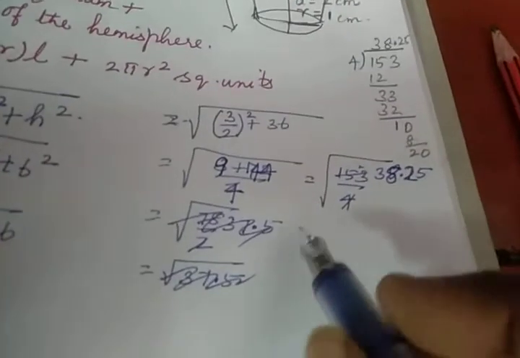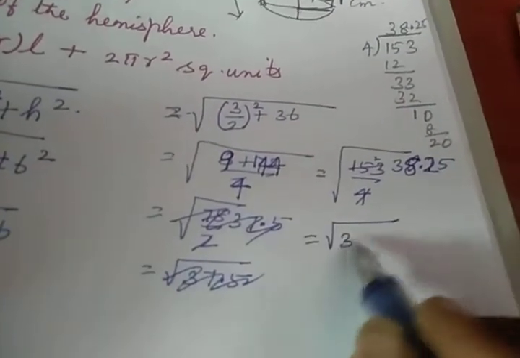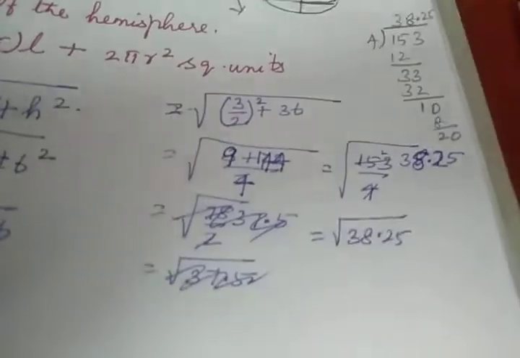So 38.25 it is, which is equal to root of 38.25. Let me see in the log book.